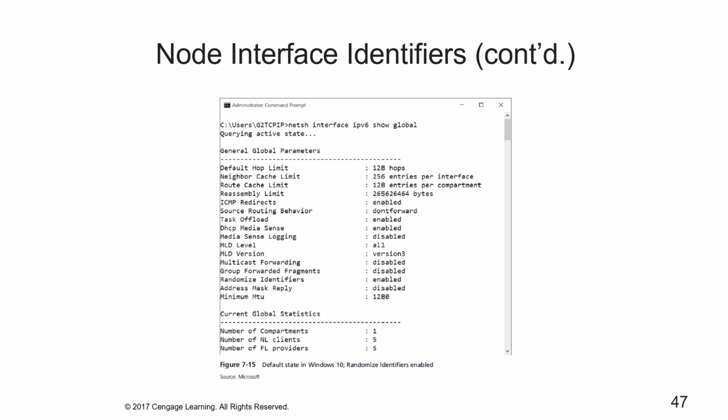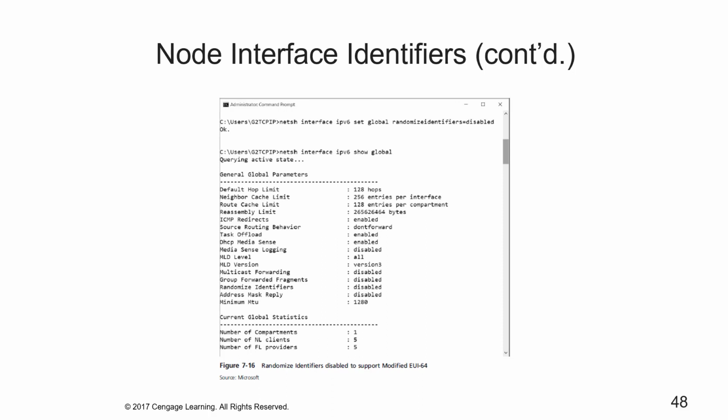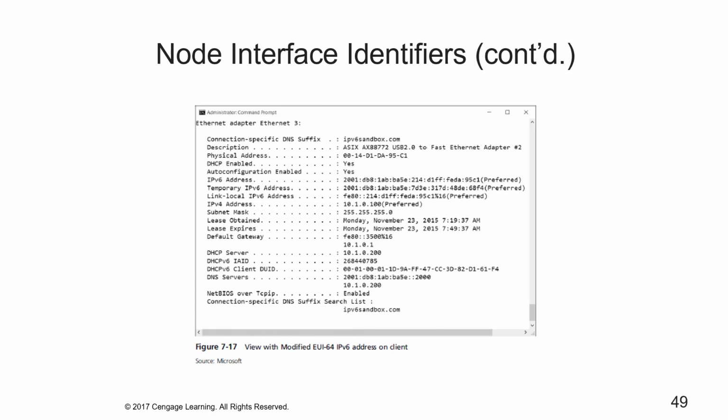So here's an example of the default state in Windows 10 with randomize identifiers enabled. Here's randomize identifiers disabled to support modified EUI-64. And here is a view with a modified EUI-64 IPv6 address on the client.